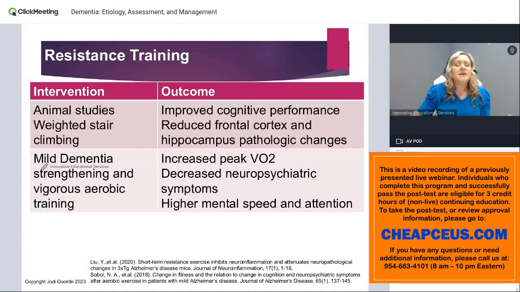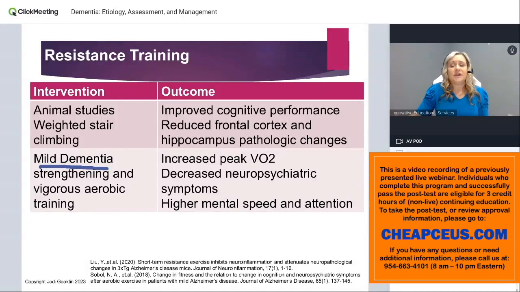Looking at individuals presenting with mild dementia and some specific strengthening activities in human studies, the individuals participated in a 4 week training. They did include aerobic activity of vigorous biking or treadmill, 4 days a week, and then 2 days a week of strengthening activities, and followed them over many, many weeks.